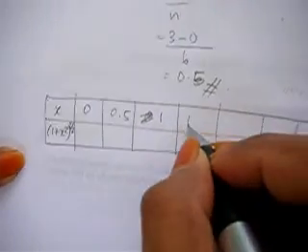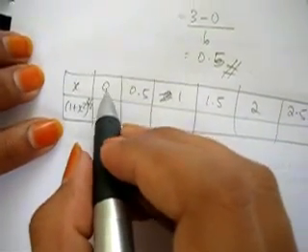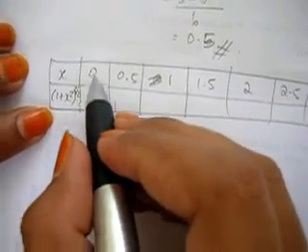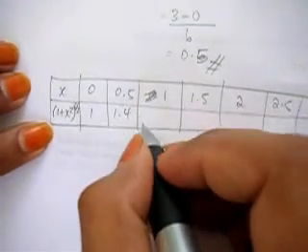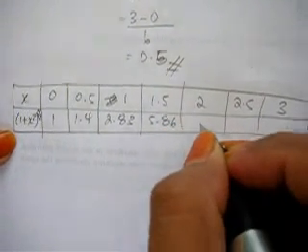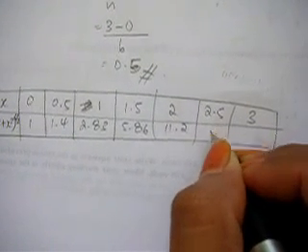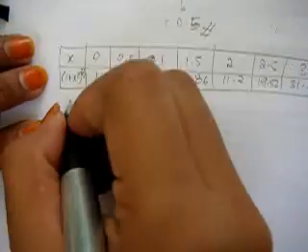So this would be 0, 0.5, 1, 1.5, 2, 2.5 and 3. And we substitute x with each of these values and we'll get the answers as 1, 1.4, 2.83, 5.86, 11.2, 19.52, and also 31.62.